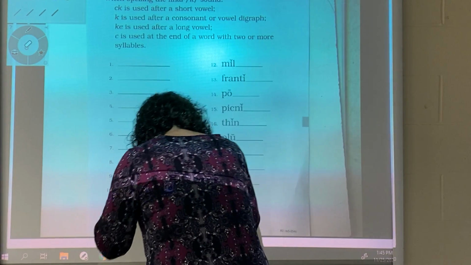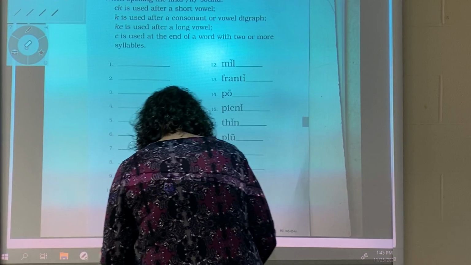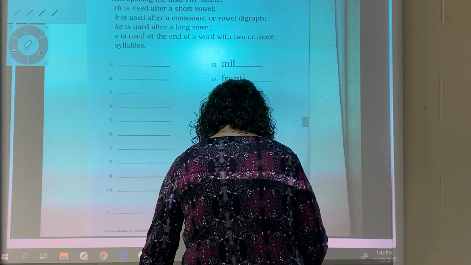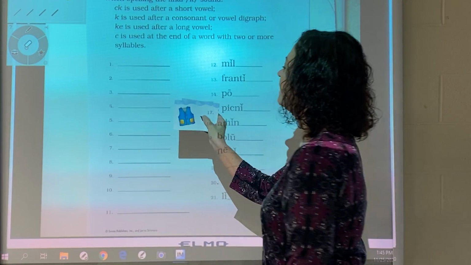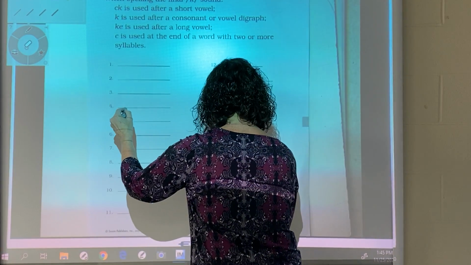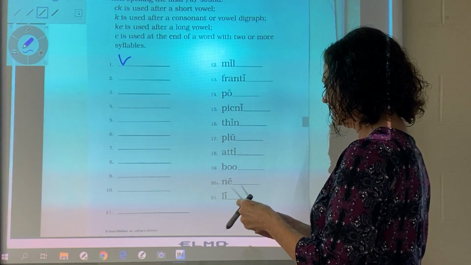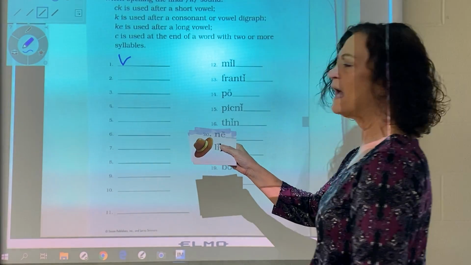So, let's start out with some sounds. We have the vest, which was what we learned yesterday. Vest, the vest. Hat.